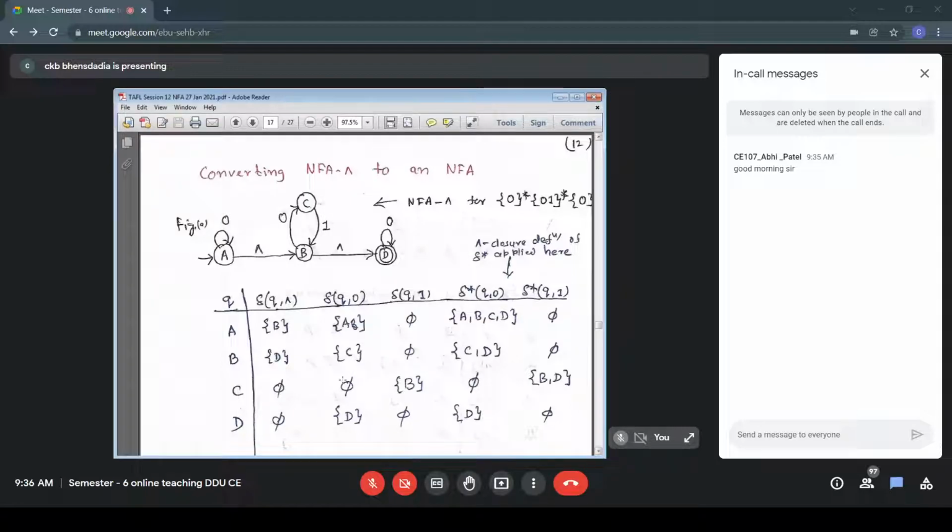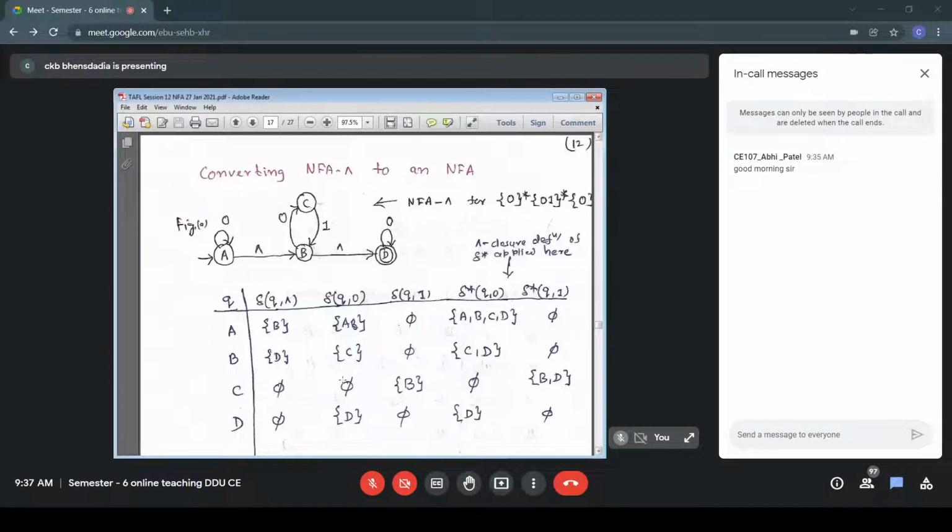So delta Q null for the state A on null is B. So the first entry is B. Delta Q 0 for the row A, that is delta A 0, is A, and on 1, that is phi.